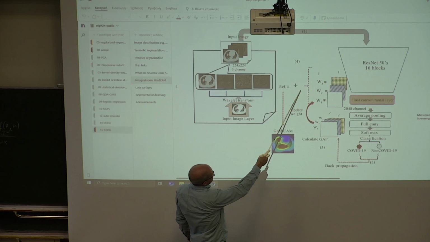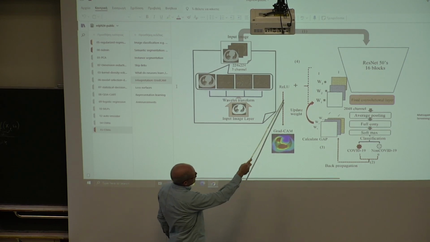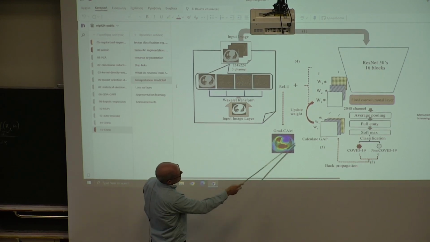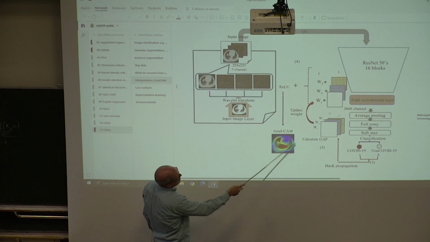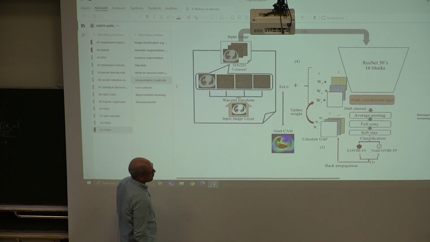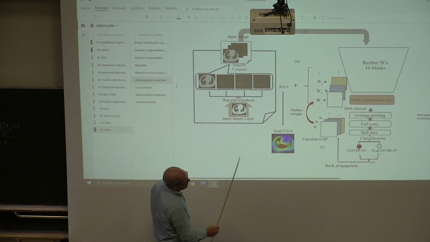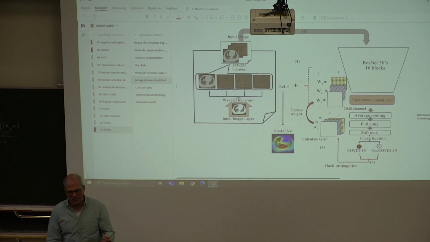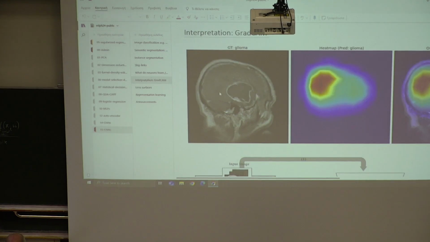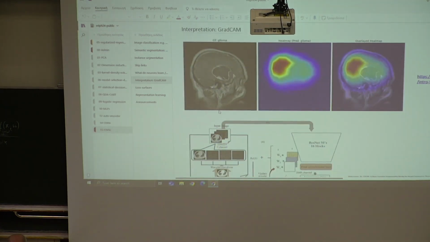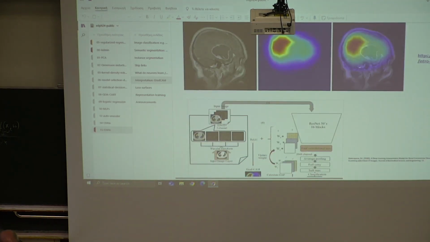The result is added up and sent to a rectifying linear unit, and it gives this type of picture, which is called GradCAM, or gradient camera, and highlights where the classifier looked in deciding that an image was of this or of that type. Okay, and that's one useful approach to try and understand what a deep convolutional neural network does.